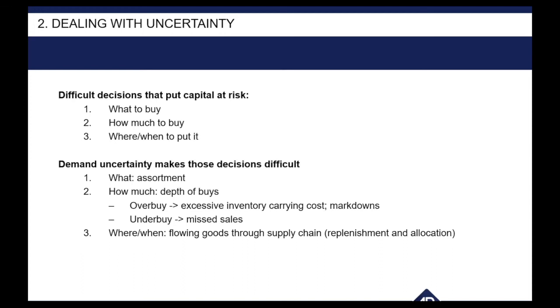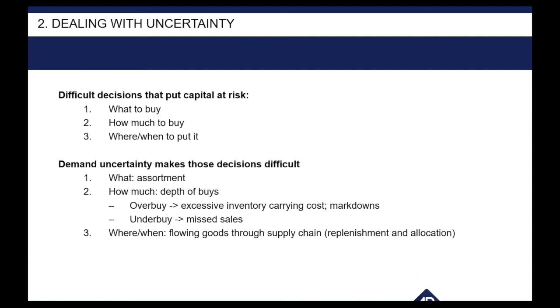And eventually, where and when. This is more of a tactical aspect, but it's very important, because all the retail chemistry that happens is at the point of sale, when inventory and customer meet each other, and there is a chemical reaction that generates cash for the retailers.